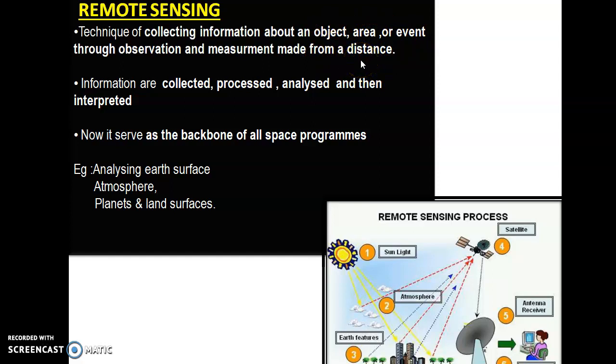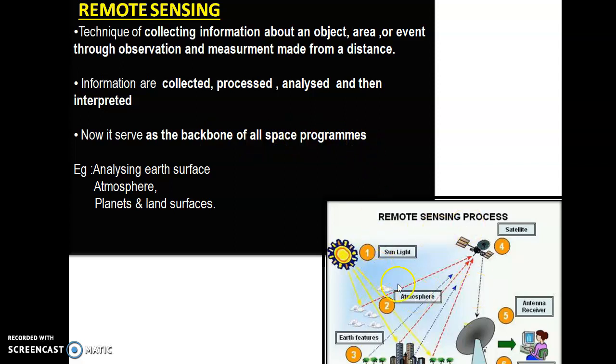This is called remote sensing. Here the information is collected, processed, analyzed, and then finally interpreted. So we can say that remote sensing is the backbone of all space-related programs.